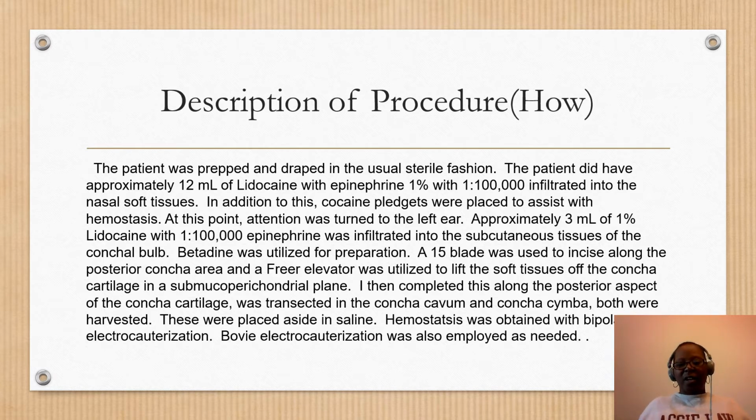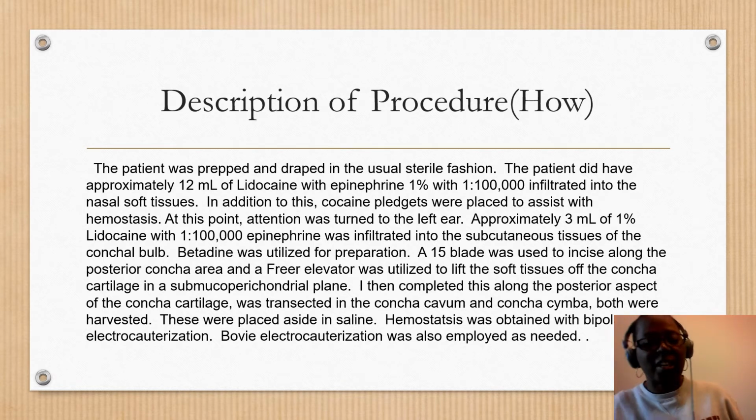So I like to call this part the how. How did we do this? How did we perform this procedure? How did we resolve this issue? How did we resolve the diagnosis? So we're going to go through and just pick out some of the main things that we need. But again, this is for the sake of time.